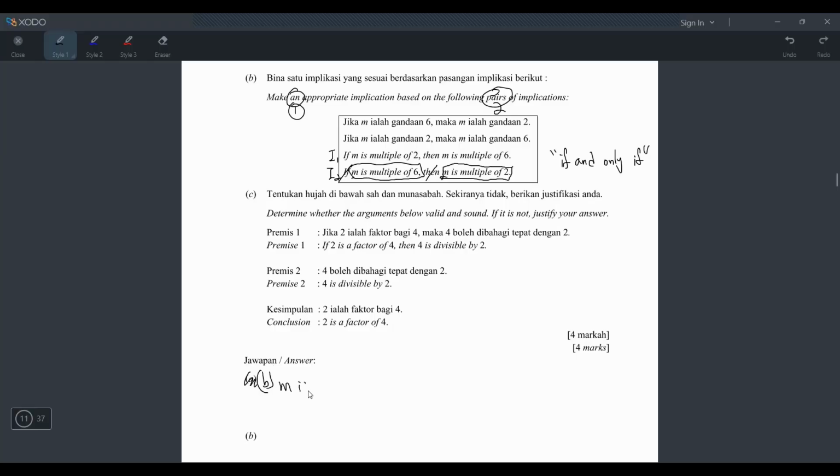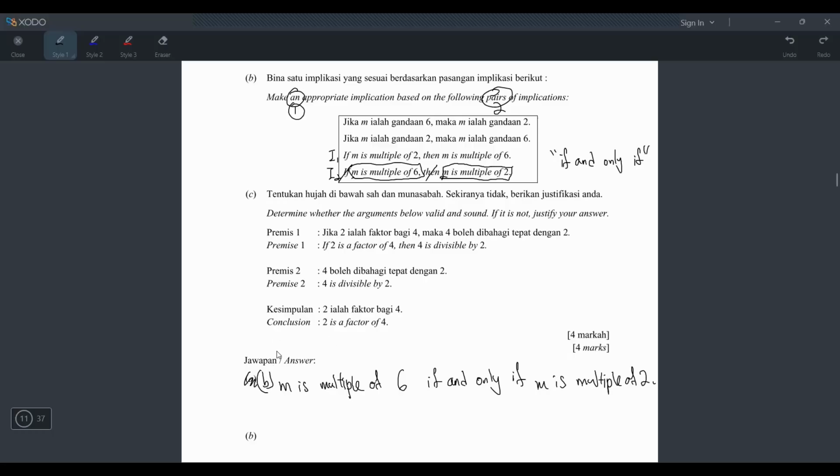So M is a multiple of 6, if and only if M is a multiple of 2. You don't have to write the "if" and "then" anymore. So, a multiple of 2.